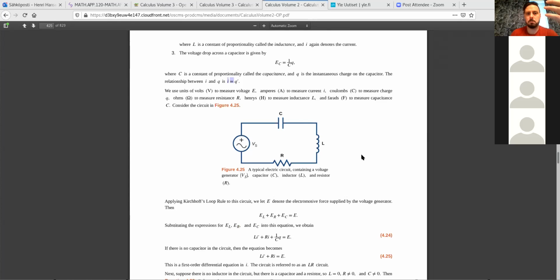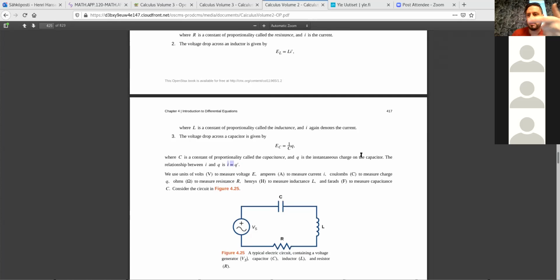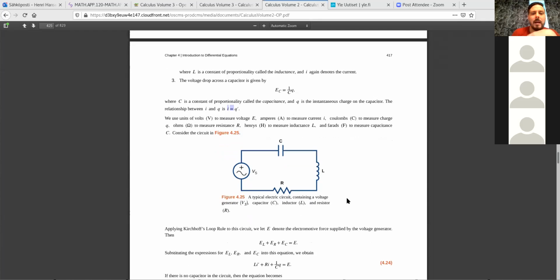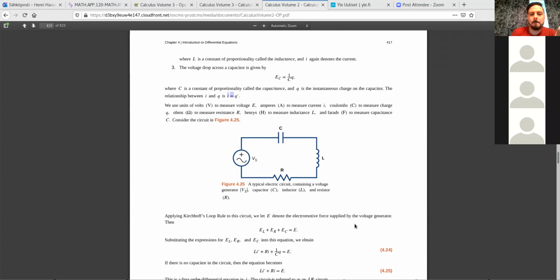So these are the three elements that form this electrical circuit. Now the loop rule says that the voltage drop across this capacitor, this inductor and this resistor combined must be equal to the output voltage.